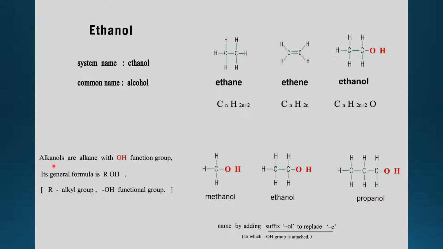So all the alkanols, all the hydrocarbons with an OH, come from the alkane, but with an added functional group OH. You can represent this by a general formula, ROH. What is R? It is the hydrocarbon group with an OH functional group added. And that's how you name alcohol.